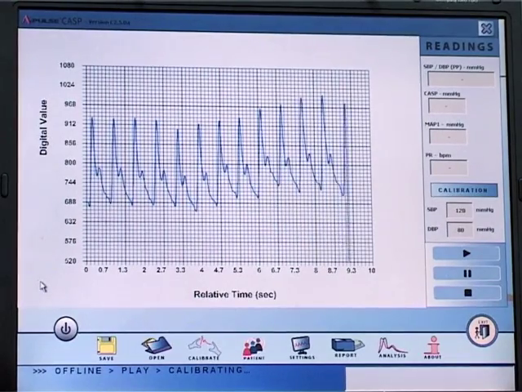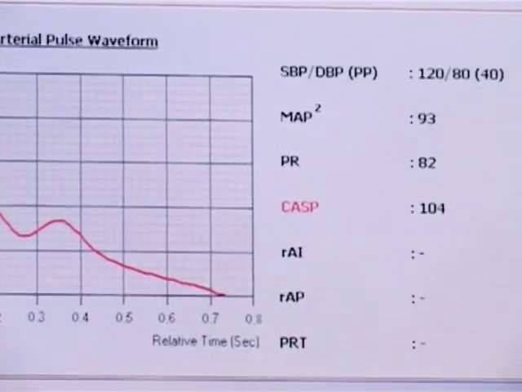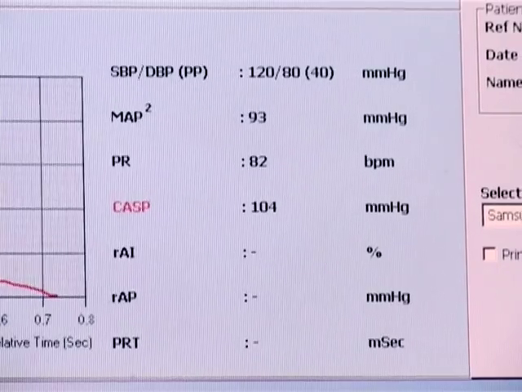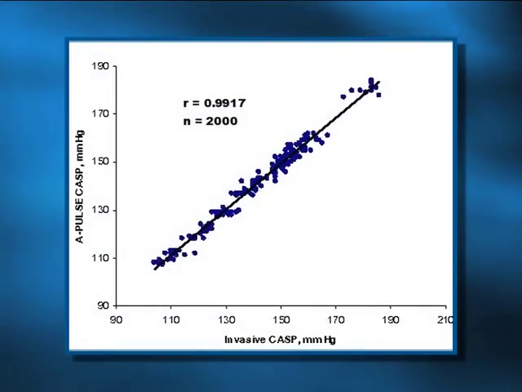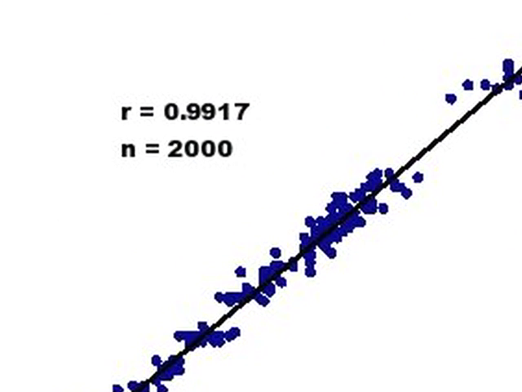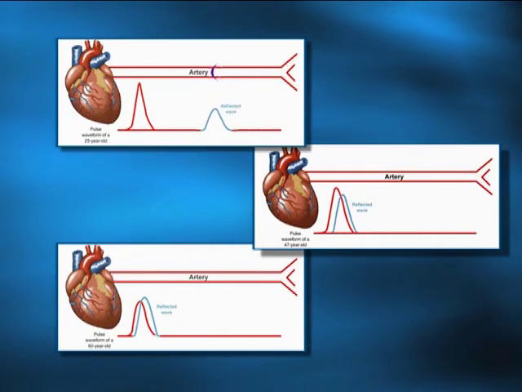We measured the central pressure here, and we read off the central pressure as calculated by the APALS. We have 2,000 patient waveforms, and the accuracy was 0.9917, which is unbelievable.